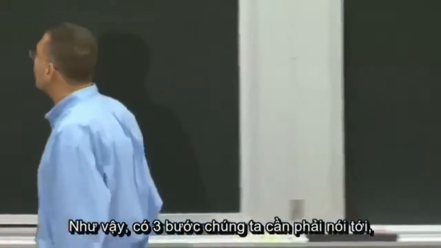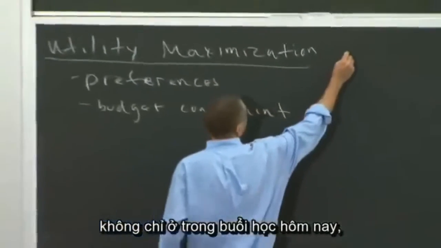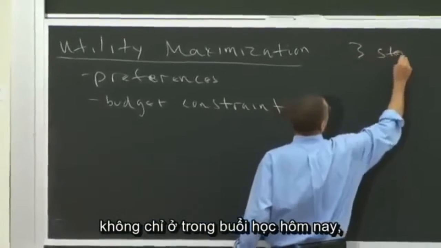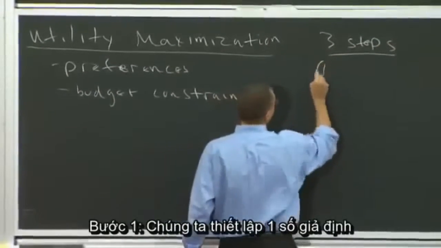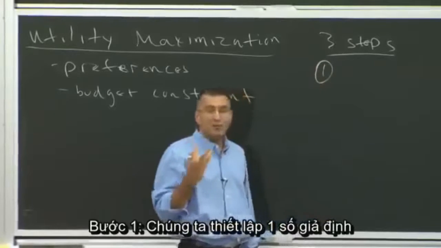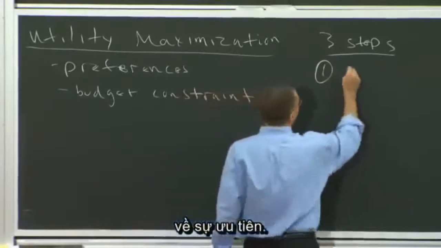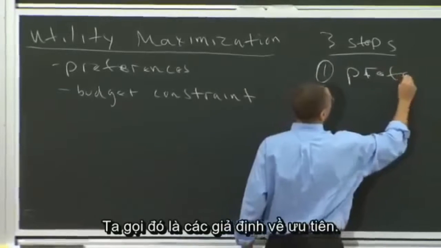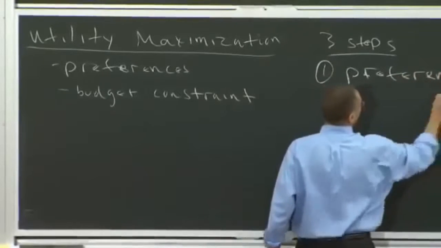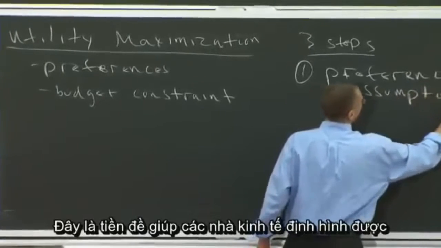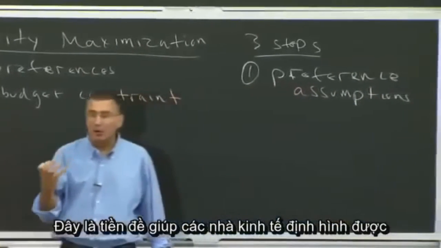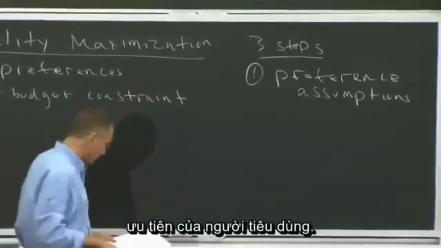So basically what we're going to do is go through this in 3 steps, not just in this lecture, but over the next few lectures. Step 1 is we're going to talk about what assumptions we make about preferences. So we'll talk today about preference assumptions, the axioms that underlie how economists model consumer preferences.